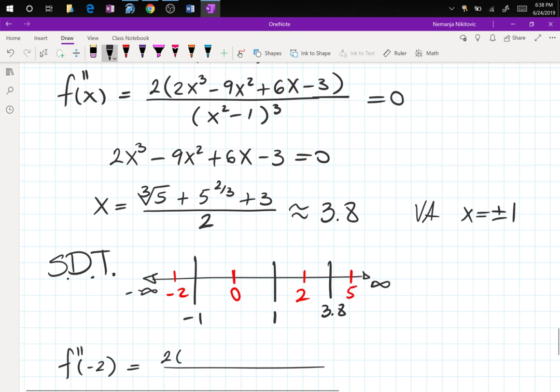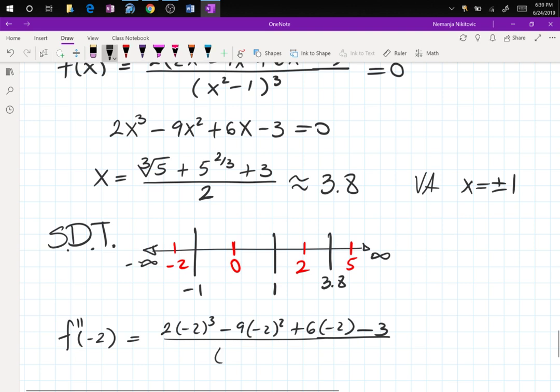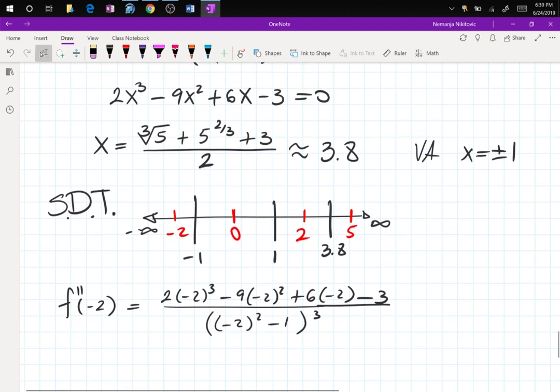So it's 2 times negative 2 cubed minus 9 times negative 2 squared plus 6 times negative 2 minus 3, divided by everything cubed. Now you can actually ignore the cube, because whatever the value, positive or negative, the cube will preserve it.